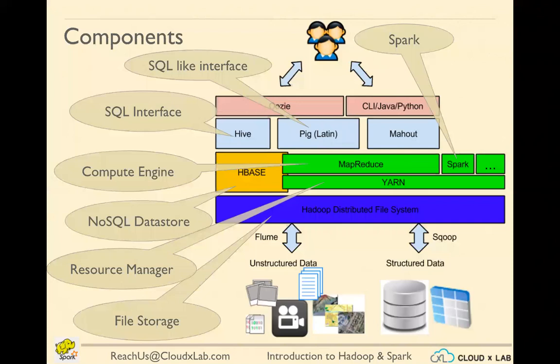So Pig Latin was very similar to Hive, just that it used a different language. It provided its own query language, and you had to write code in that. Though we have this as part of our self-paced course, we have removed it from our curriculum.